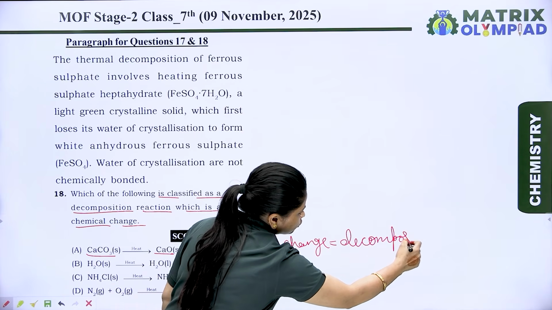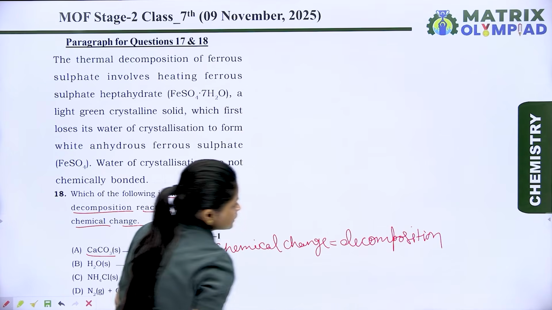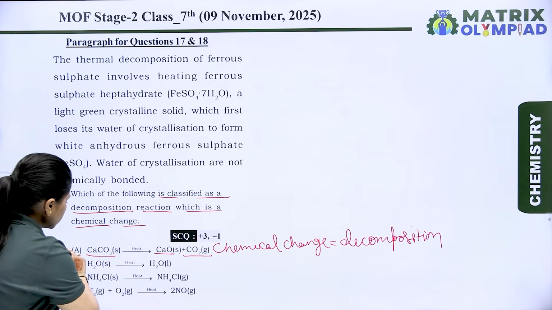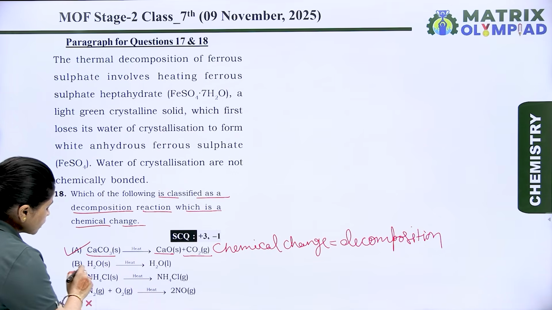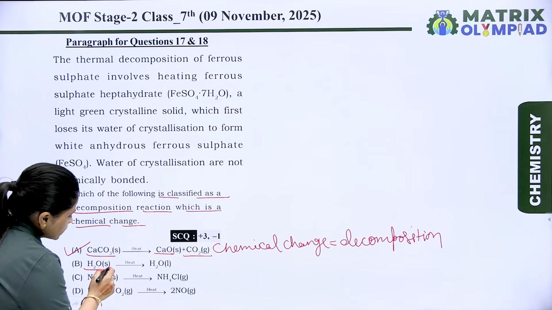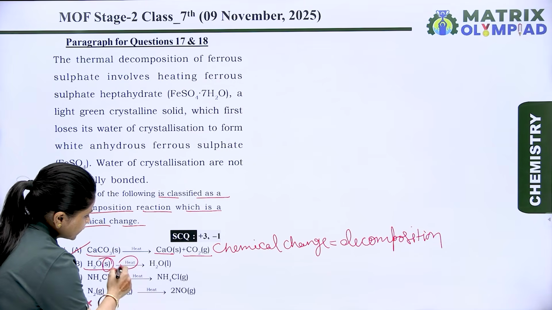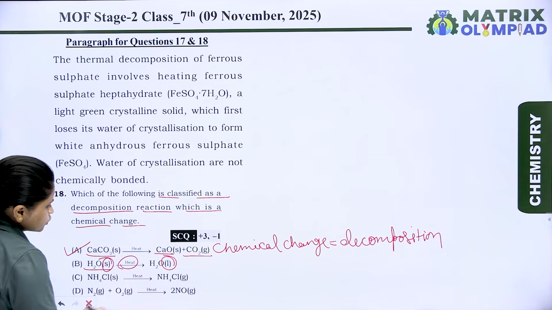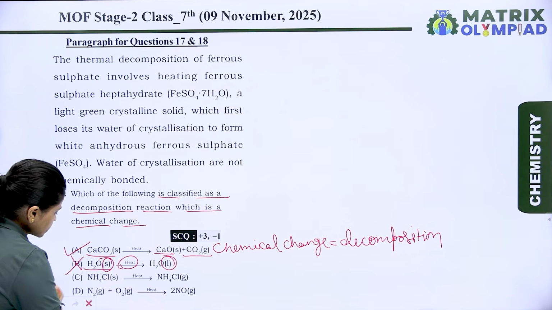So according to the question, the correct answer will be option A. Option B is water in the solid form which by heating gives its liquid form. So it is a physical change. So B is incorrect.